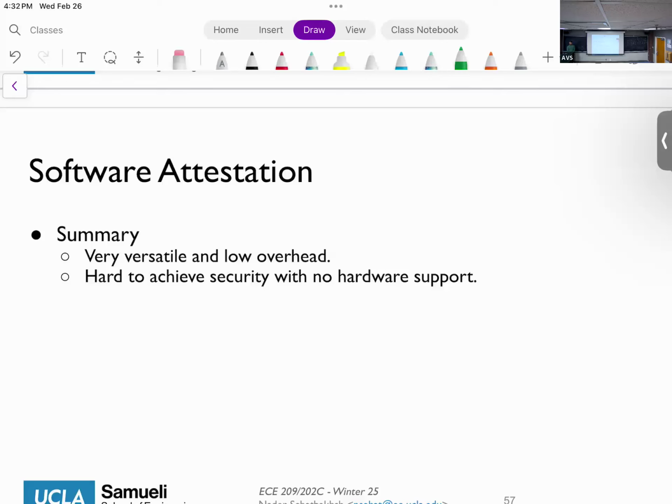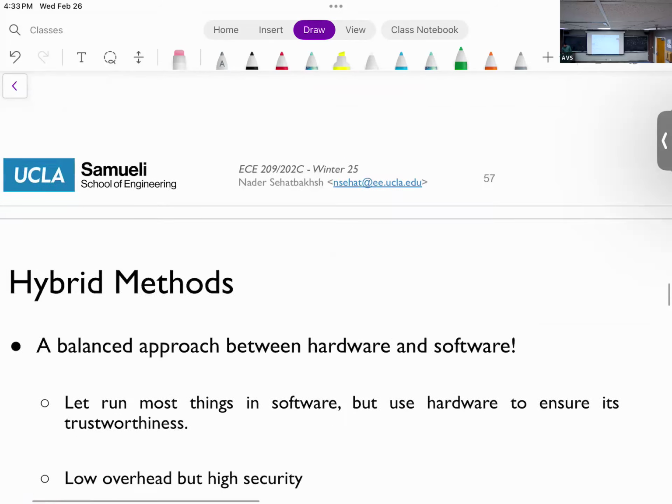You have to be careful about proxy attacks. You may need to keep the system busy such that it cannot forward the request. It's also vulnerable to attacks where you might hide your code somewhere else in the program and then keep going back and forth. So it's useful for some systems, it's not useful for all systems.